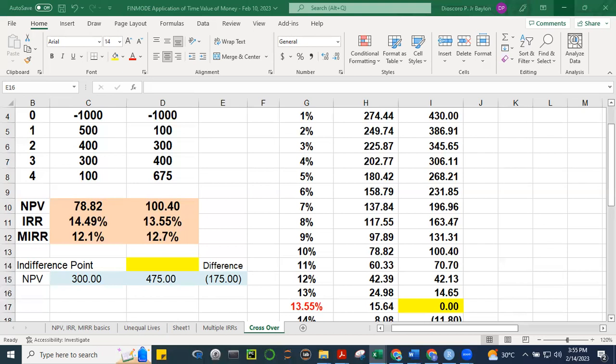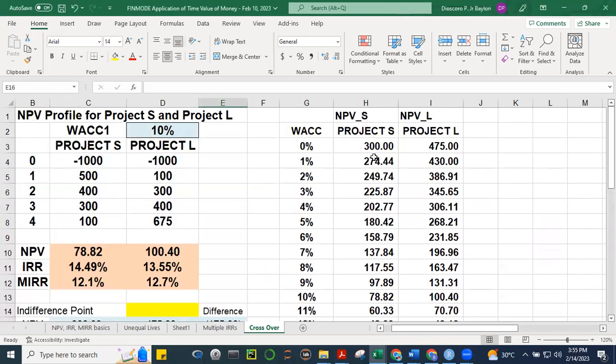Dito kasi makikita natin, sino mas maganda? Ibe-base natin sa NPV. At 0%, mas maganda si L, kasi 475 yung NPV niya.